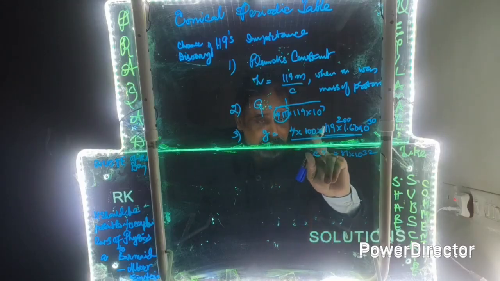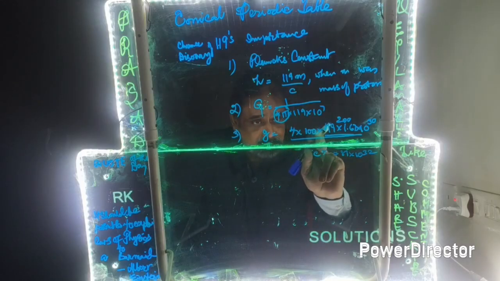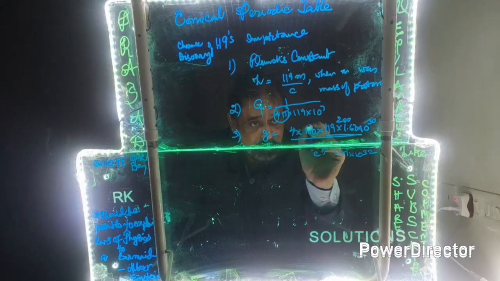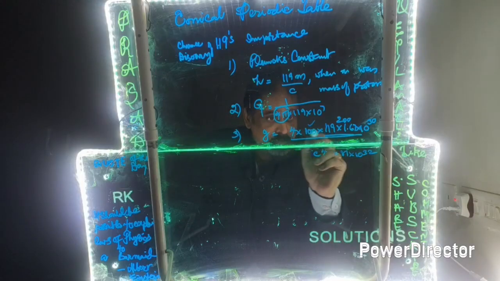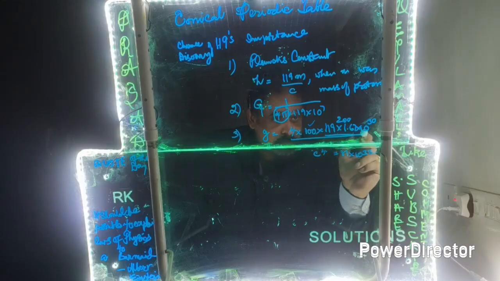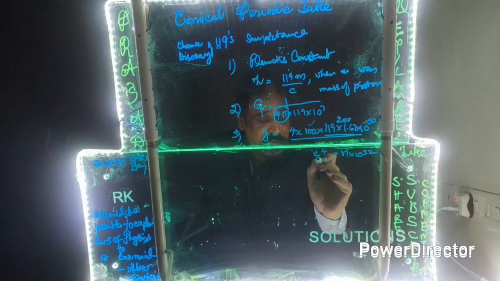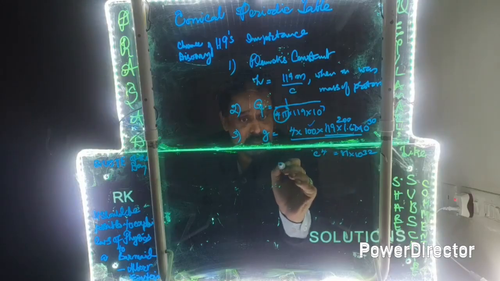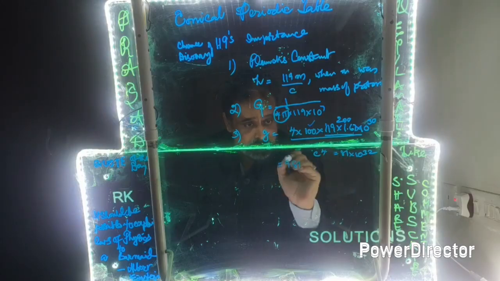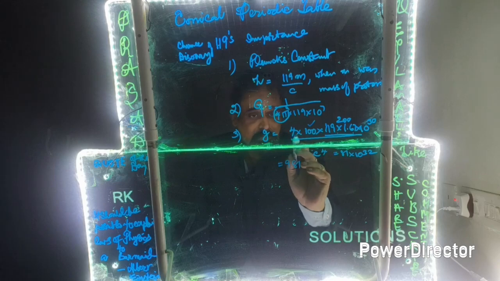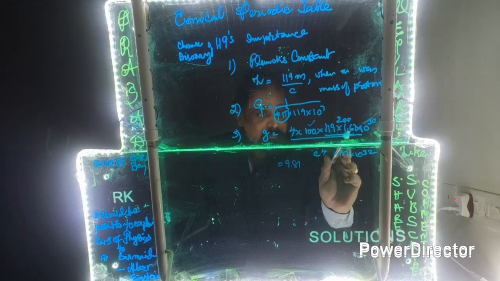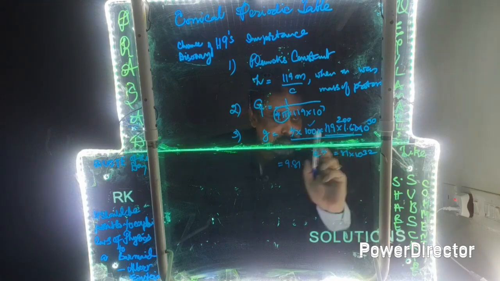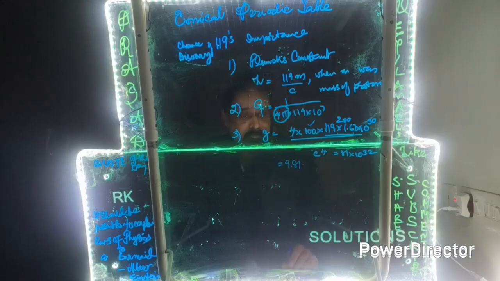Without this 100, I gave you this figure, 4 into 119 into 1.67 into 10 raised to 30 by c to the 4 will give you 9.81.